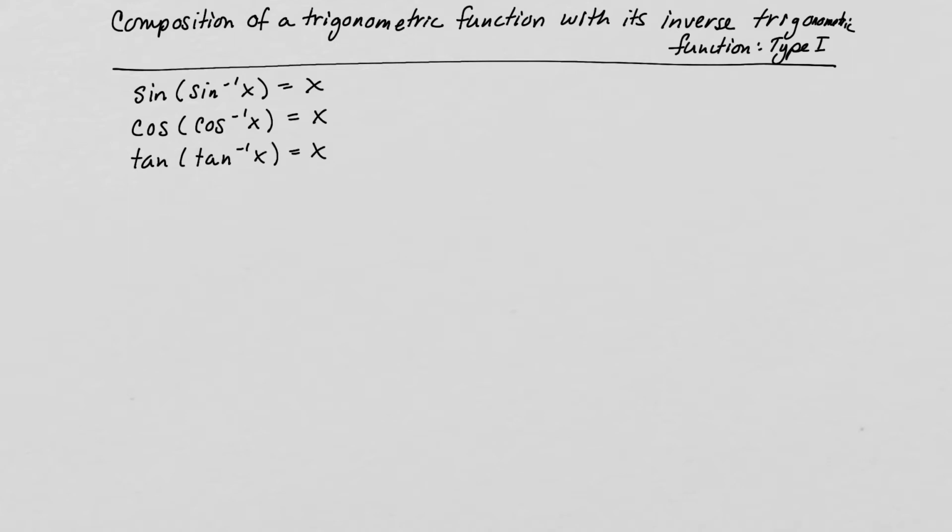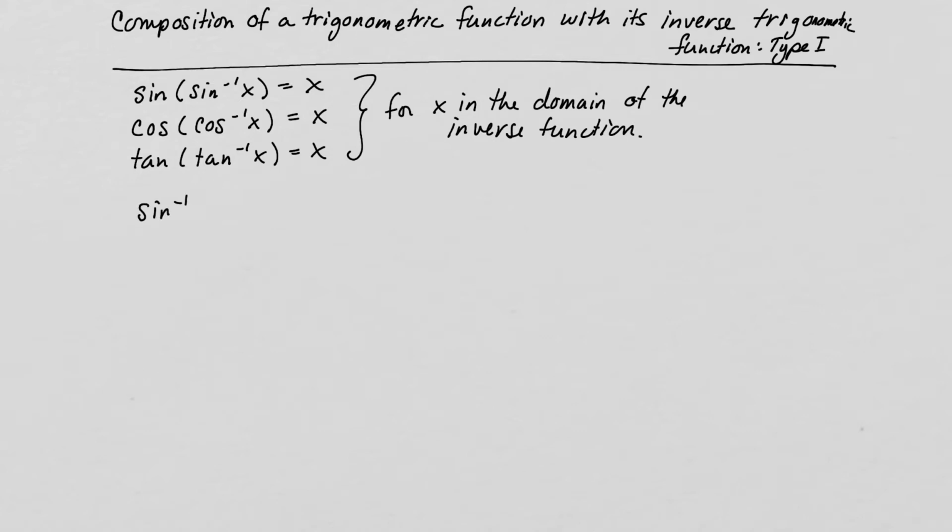And these are all true for x in the domain of the inverse function. And they also work the other way. Sine inverse of the sine of x is equal to x.